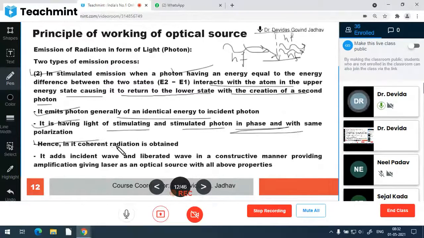Hence, it is coherent radiation, and as it is coherent, it adds the incident wave and the liberated wave in a constructive manner, providing amplification. Hence, it gives amplification, making the laser an optical source. Laser stands for light amplification by stimulated emission of radiation.